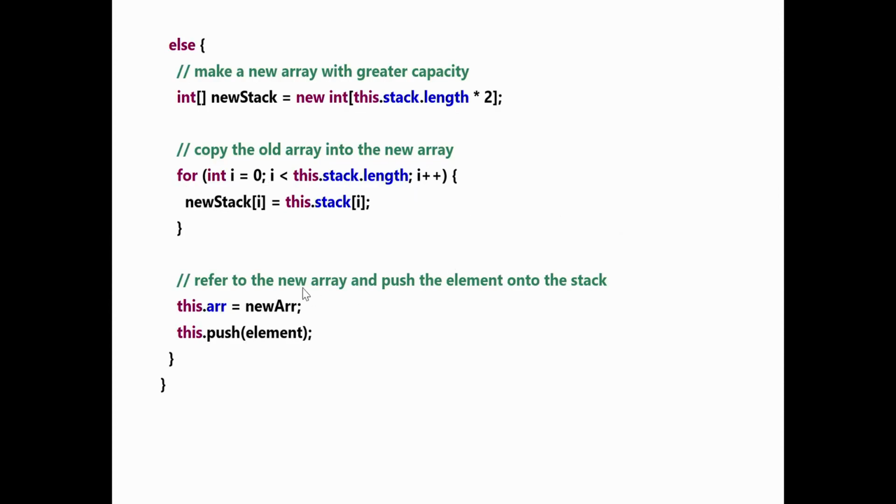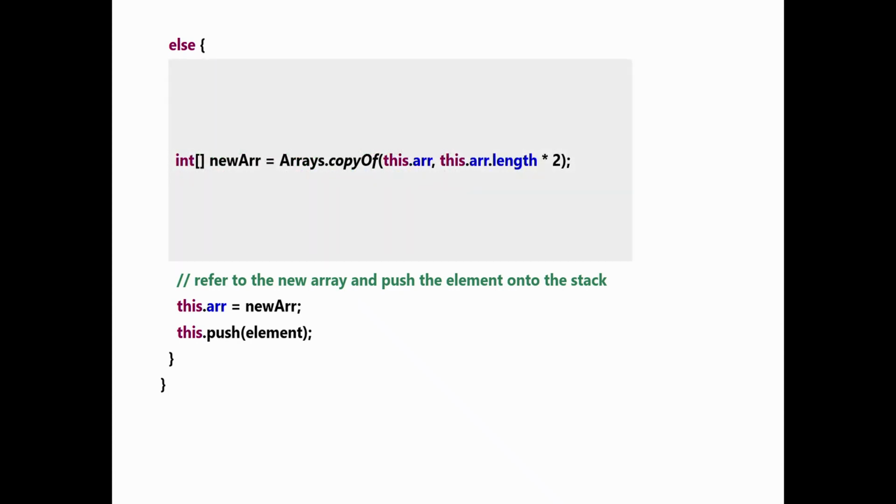So instead of writing all of this, you can replace most of that with the following. You can just write that. So Arrays.copyOf makes a new array by copying that array, and the new array has that capacity. And it returns the new array with the copied elements in it.